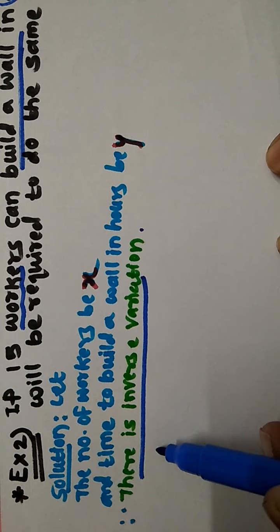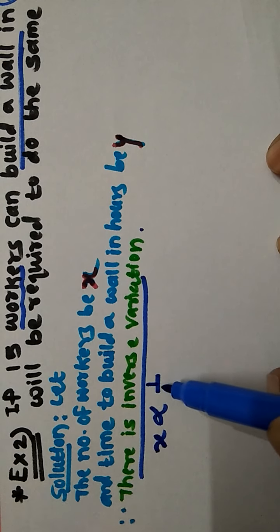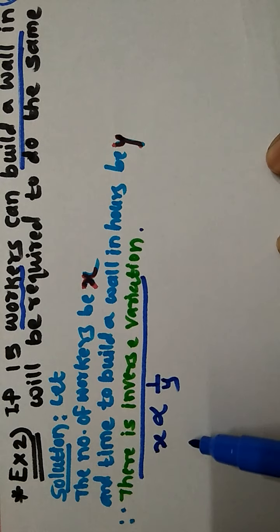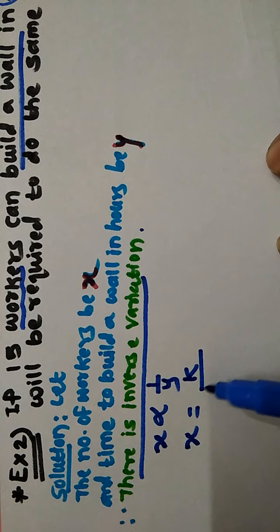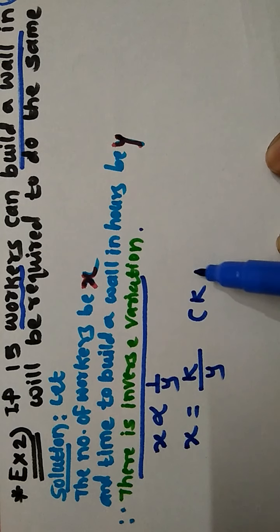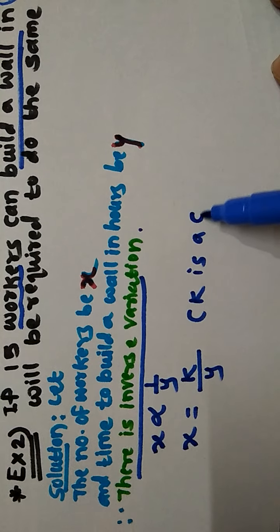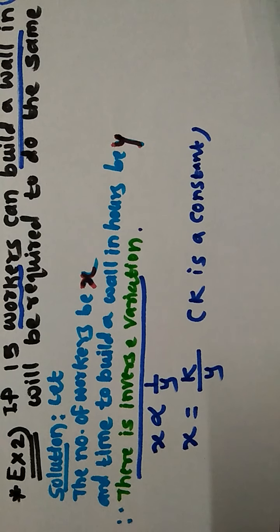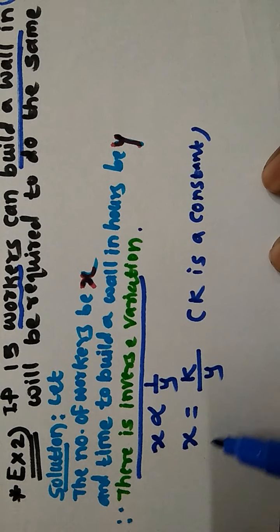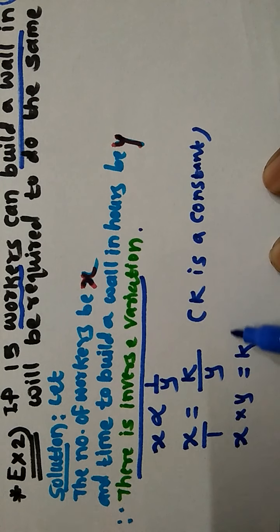Now how can we write this inverse variation mathematically? x inversely varies as y, so to solve this we take a constant k, called the constant of variation. This is also written, by taking cross multiplication, as x into y is equal to k.